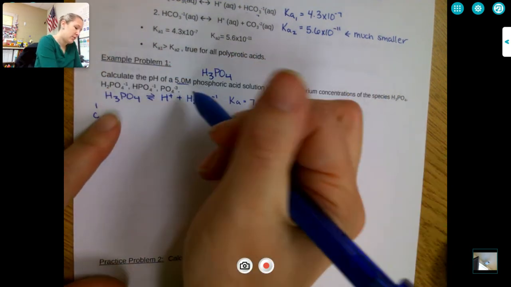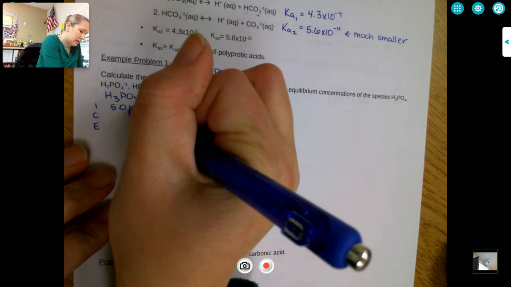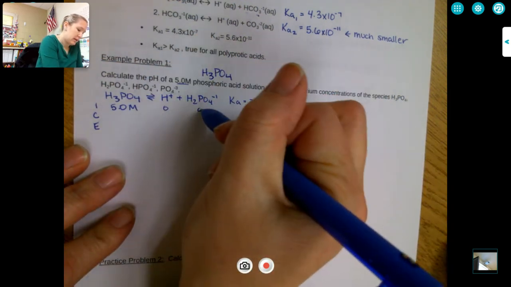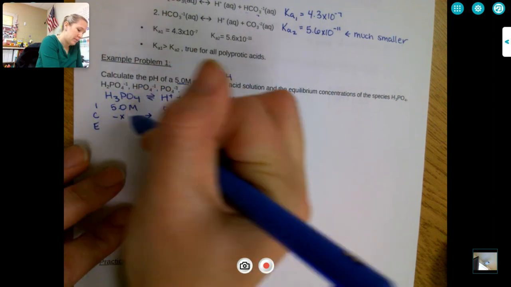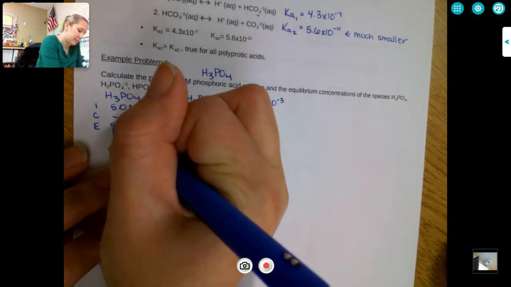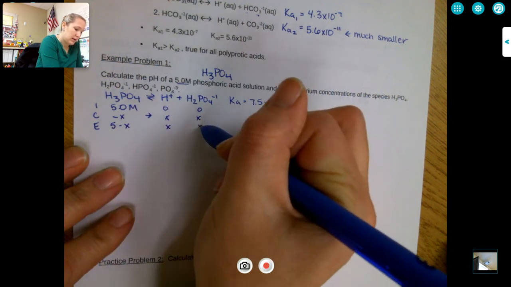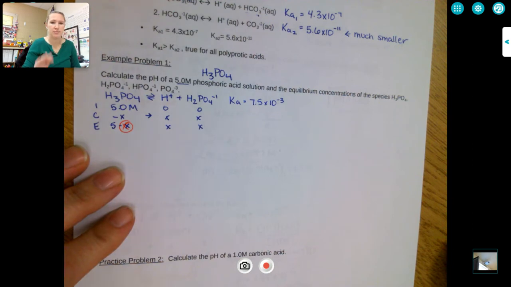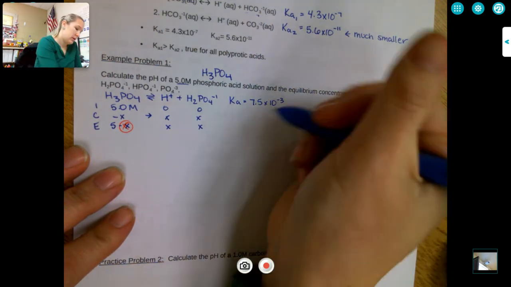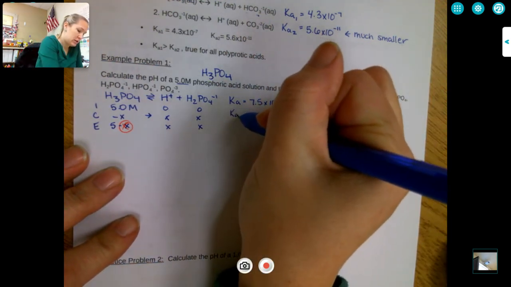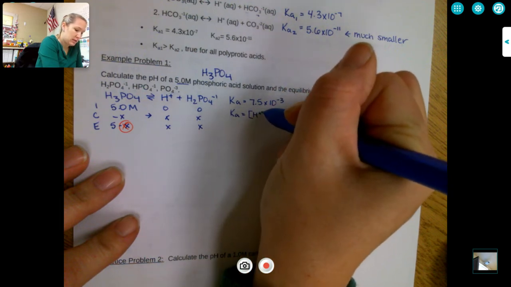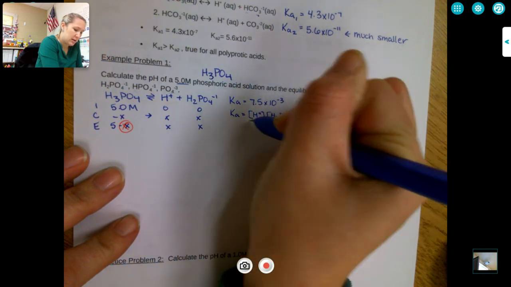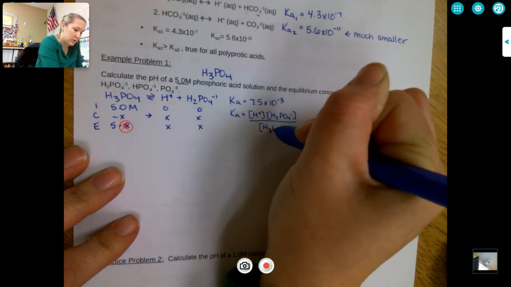We're starting with a 5 molar solution of our H3PO4 phosphoric acid, and nothing's dissociated yet. Minus x, plus x, plus x. And per usual, it's a weak acid, so the x in the denominator is insignificant. Our equation is [H+][H2PO4-] over [H3PO4].